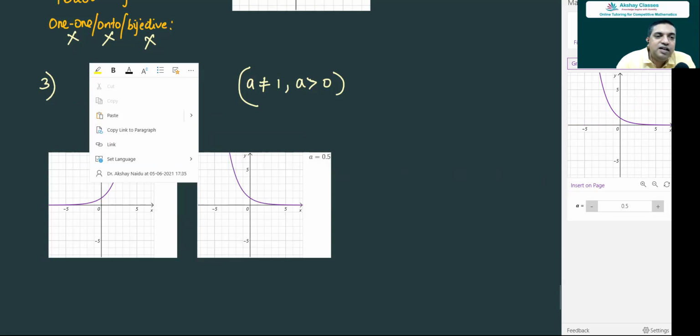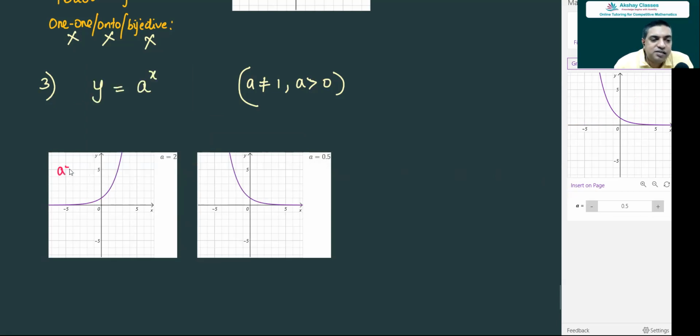So generally when a is greater than 1, this will be the graph. When a is less than 1 but greater than 0, this will be the graph. It will keep changing, of course, but this is a typical graph. This is for a equal to 2, this is a equal to 1 by 2. So as x increases, a is 2, right?